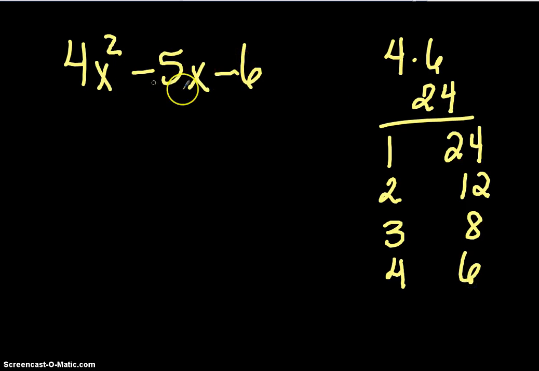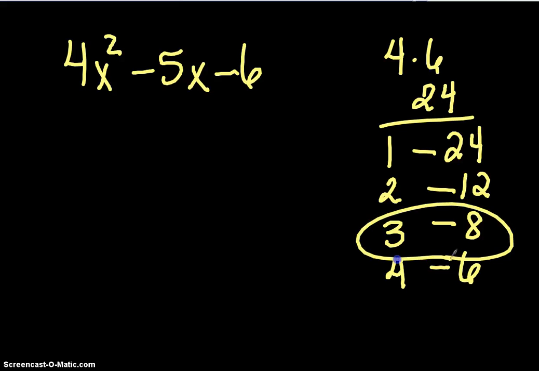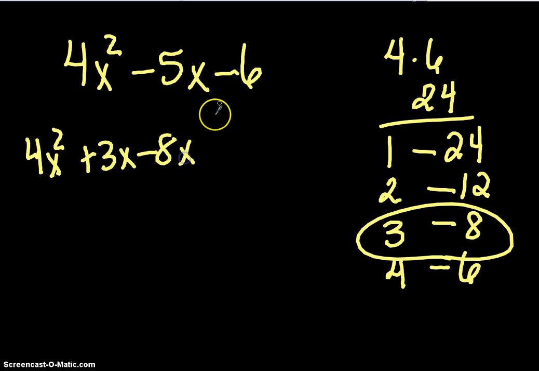Signs are different, and the largest one is negative. I need it to equal negative 5, so I'm going to go with 3 and negative 8. Pull down your 4x squared. Pull over your 3 and your negative 8 because they're your factors. So plus 3x minus 8x. And then bring down your minus 6.